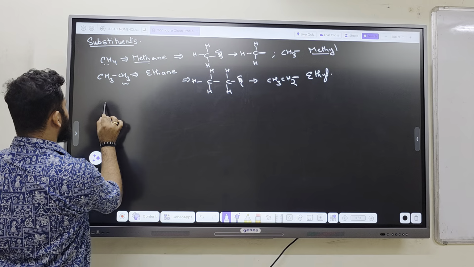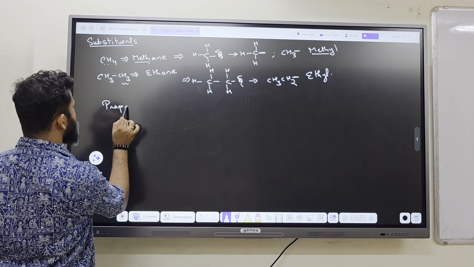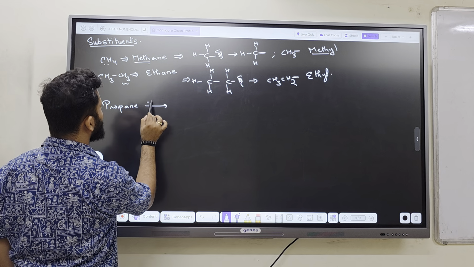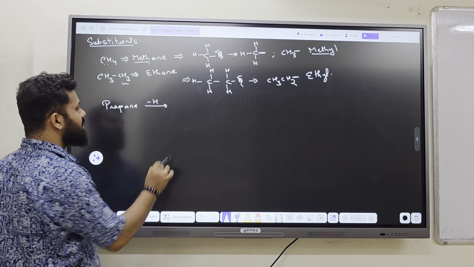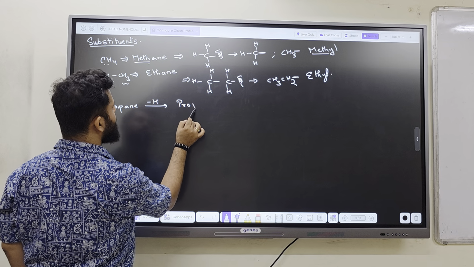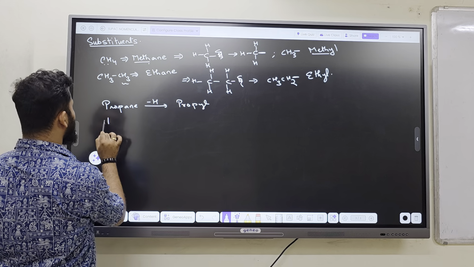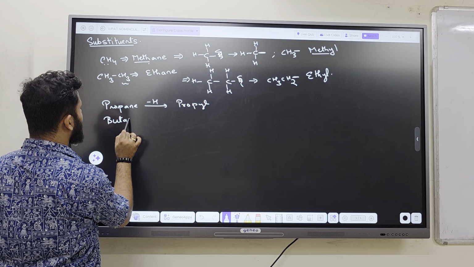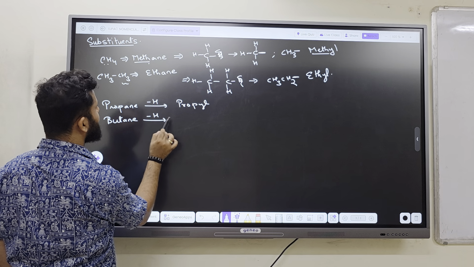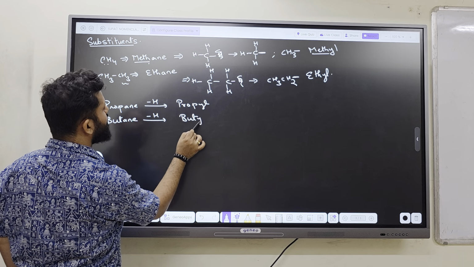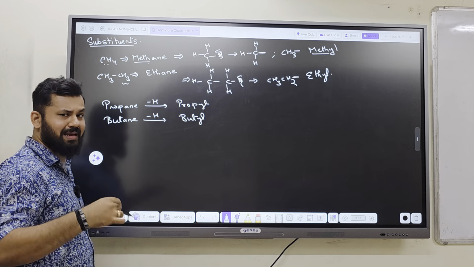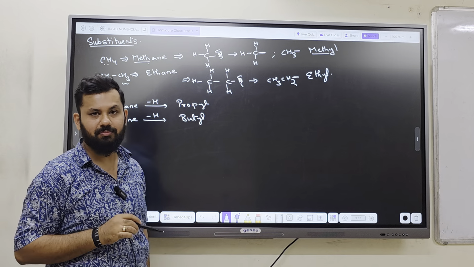Likewise, from propane, if you remove one hydrogen, if you free one valency, it would become propyl. From butane, if I remove one hydrogen, it would become butyl, pentyl, hexyl, and so on.